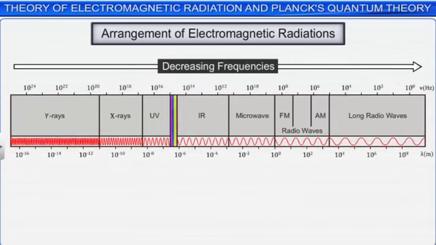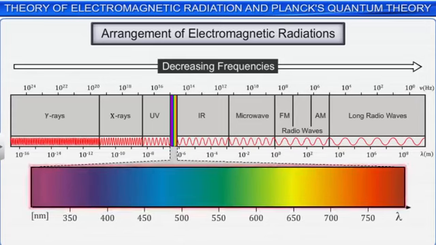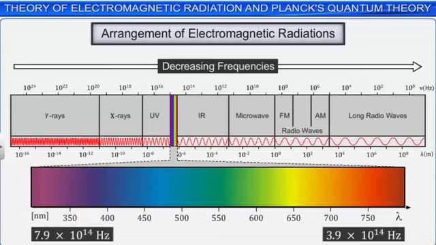Of these, the radiations that are visible to the naked eye constitute the visible spectrum. The frequency range of the visible rays is 3.9 into 10 to the power 14 to 7.9 into 10 to the power 14 Hz.